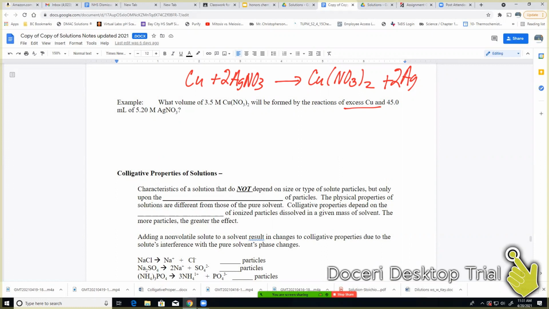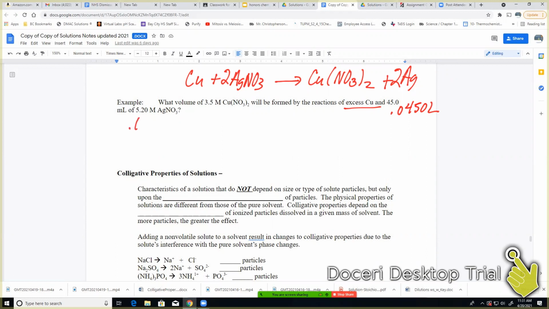All right, once again, I'm going to change this to 0.0450 liters because I have to have it in liters. So I have the volume and the molarity of my silver nitrate. Once again, I can use the same little equation from up above these problems.